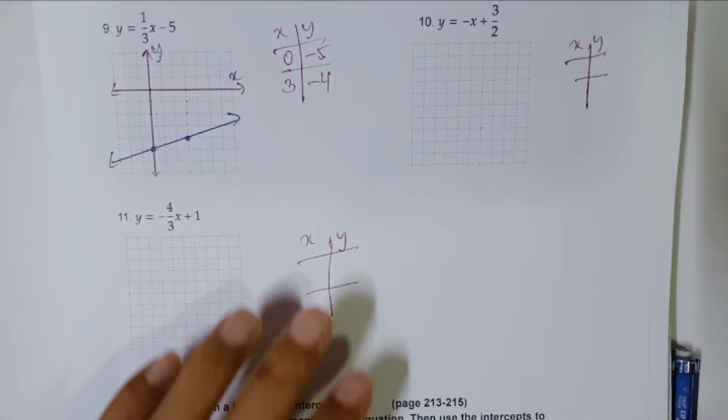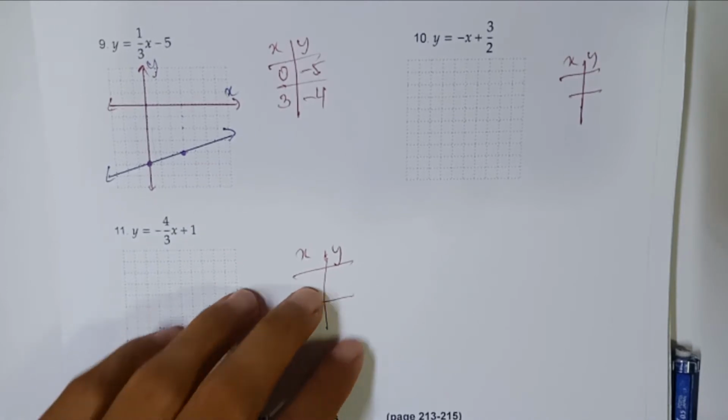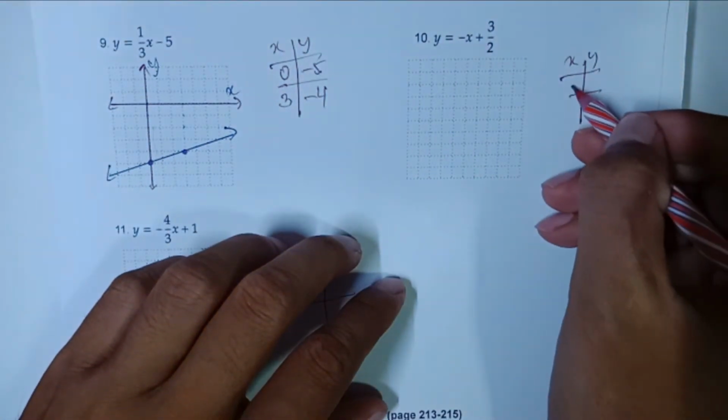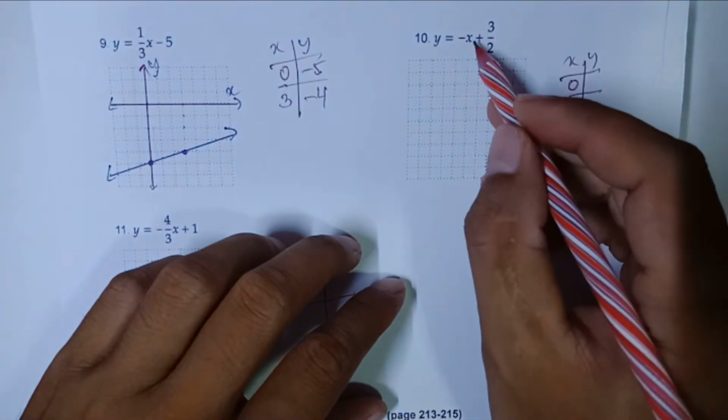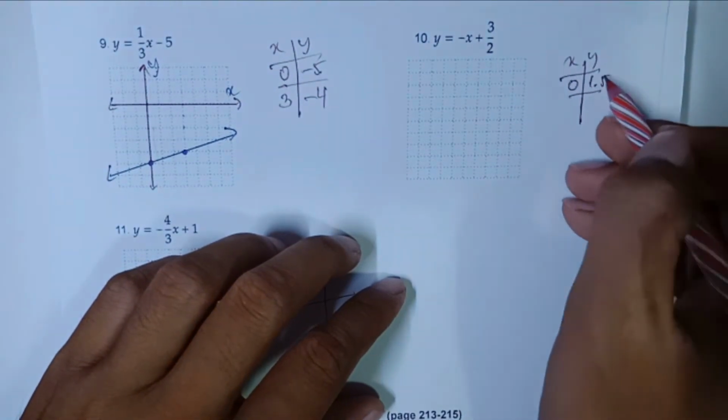Now, the number 10, I'm going to give x 0. So when x is 0, y is going to be 3 over 2 or 1.5.